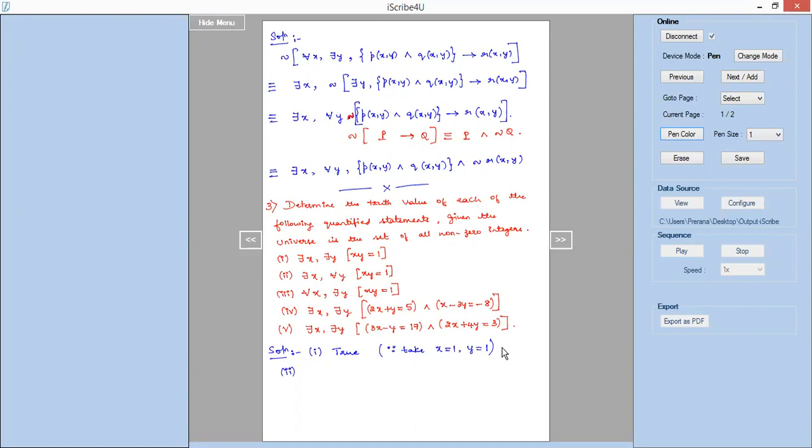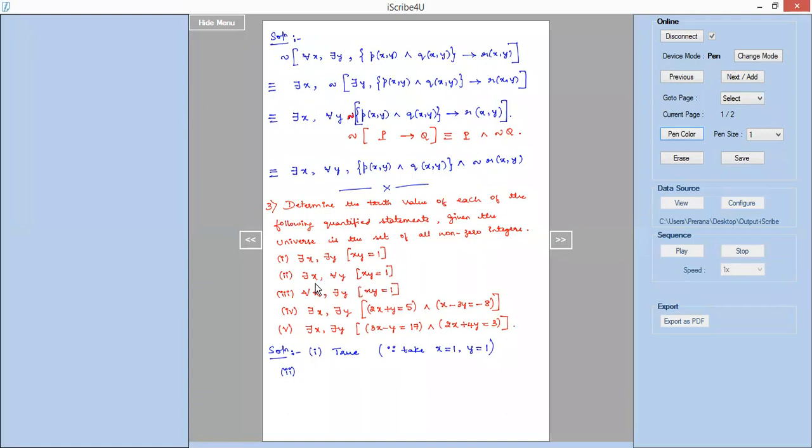Second one, it says that for some x, for every y, means for a specified value of x and for every value of y, we have to show that xy is equal to 1. This is a false statement because for a specified value of x, x into y for every y need not be true.